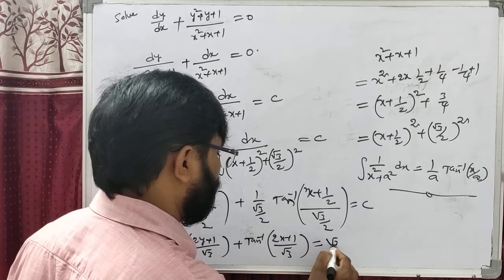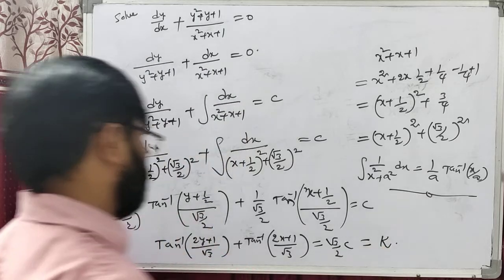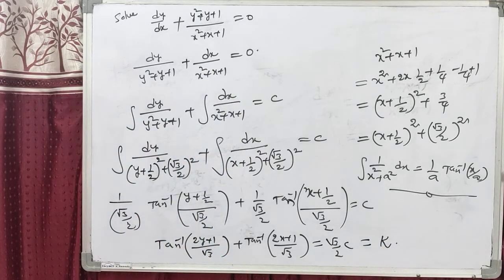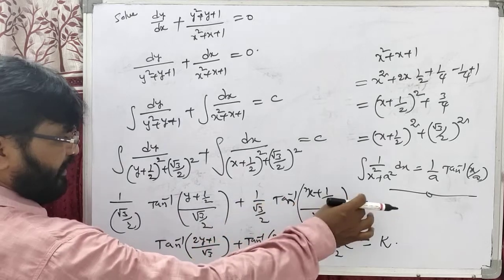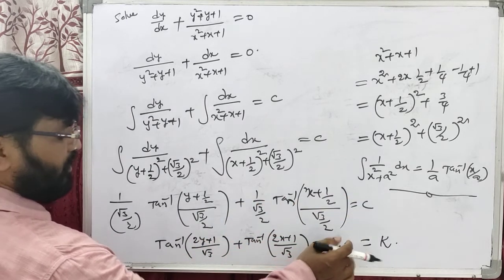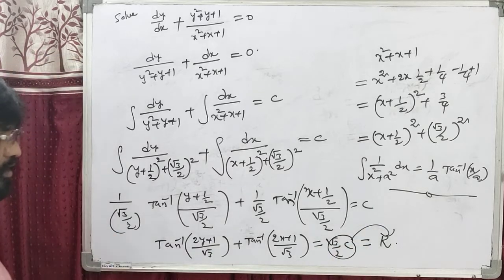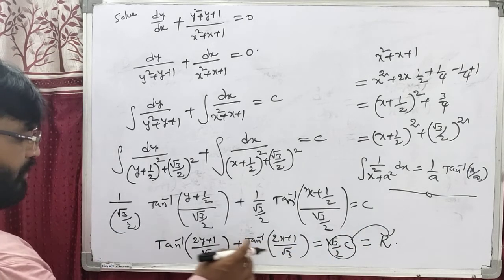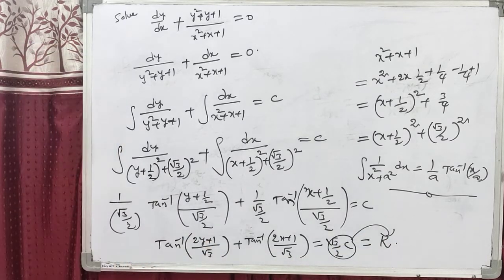Root 3 by 2 into c. This is nothing but we have to take the constant. The root 3 by 2 is common, that will be sent to the other side. Root 3 by 2 into c, that completely we take as some k or c. The tan inverse of 2x plus 1 by root 3 plus tan inverse of 2y plus 1 by root 3 equal to k. Okay students.